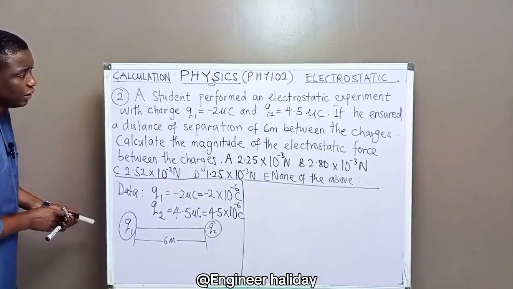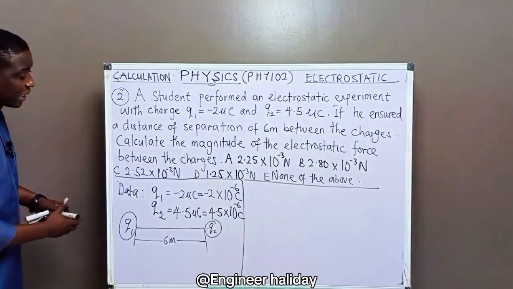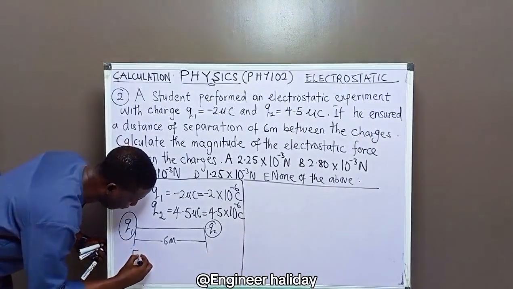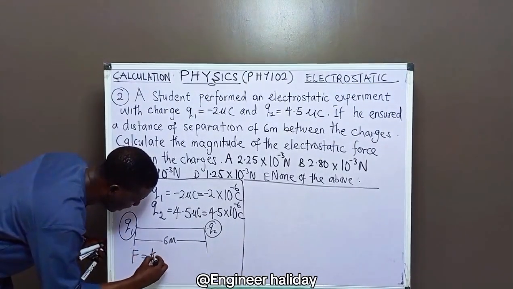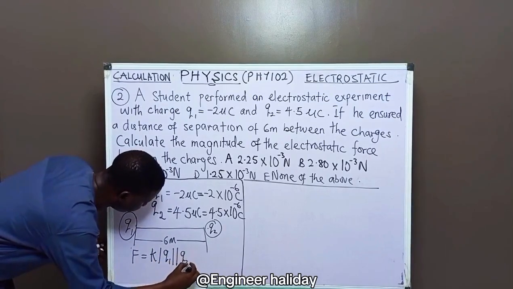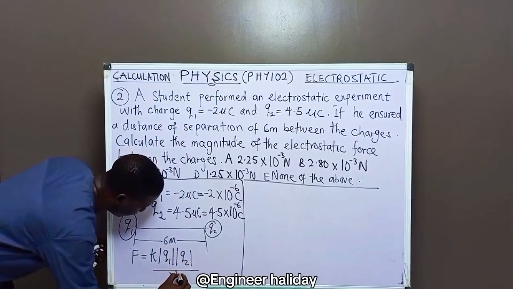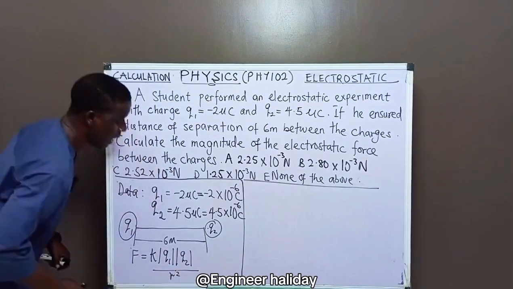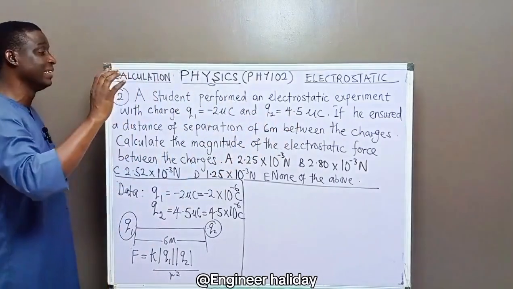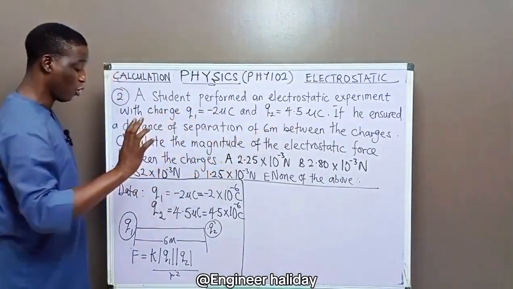Now, how do we solve our electrostatic force? To solve the magnitude, we use F equals K times absolute Q1 times absolute Q2 all over R squared. Anytime you are working with two opposite charges, don't forget attraction will occur.